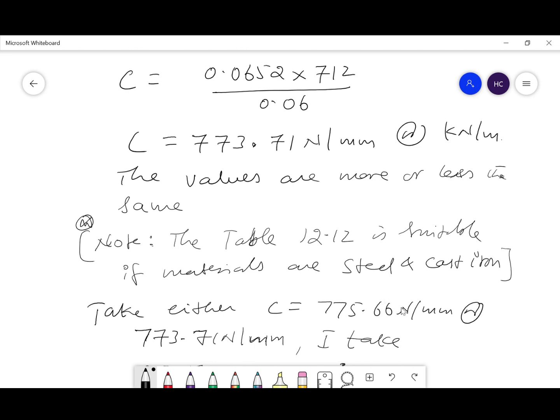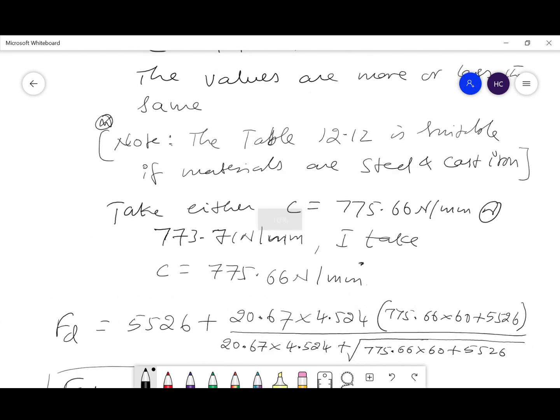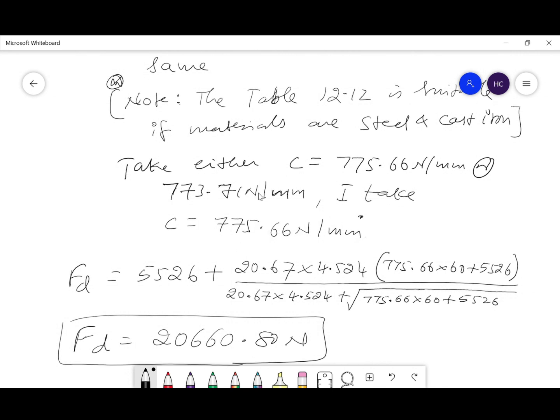Okay, so take either C is equal to 775.6 Newton per millimeter or 773.71 Newton per millimeter. I take C is equal to 775.66 Newton per millimeter. You know that higher value of FD is not desirable, because for safe design, wear load or wear strength FW must be greater than FD.